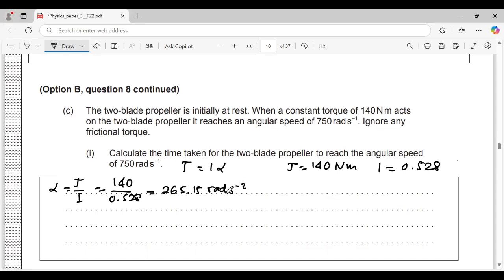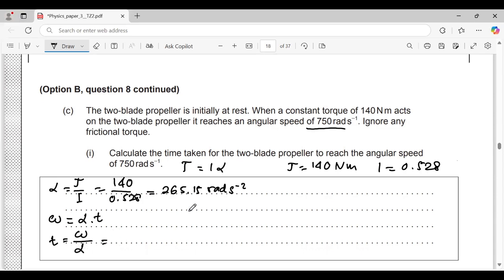Now, we use the formula omega equal alpha times t. We're going to use this formula to find time. Omega is the final angular velocity, this one, 750 radian per second. Alpha is the angular acceleration, and t is time. So we have to rearrange this formula to become t equal omega over alpha.